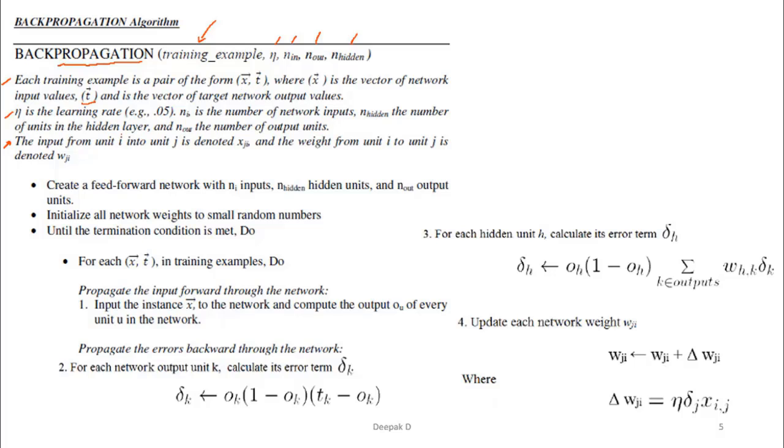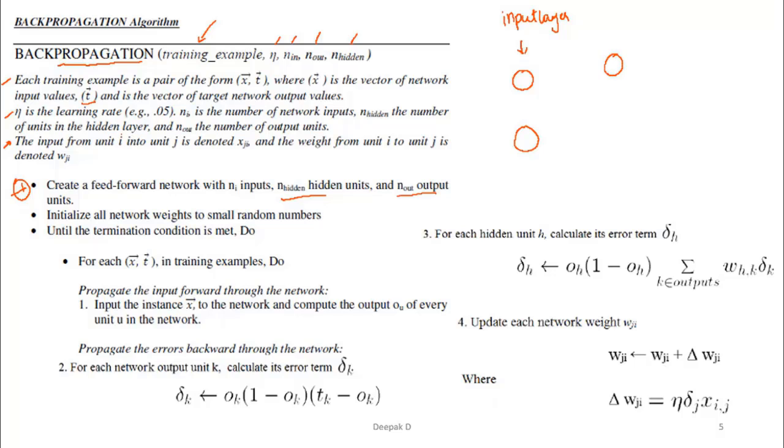Now let's see the first step. What is the first step? You need to create a feed forward network with n in inputs, n hidden units and n out output units. Let's consider a simple example here. I will take two input nodes, and this is called the input layer, and the next one is hidden units.